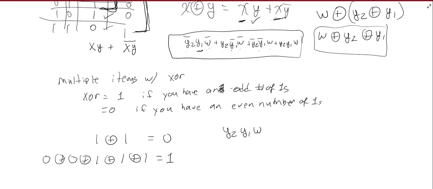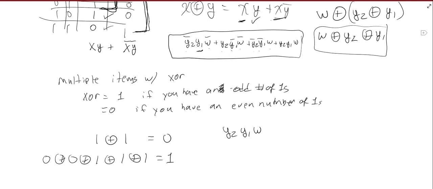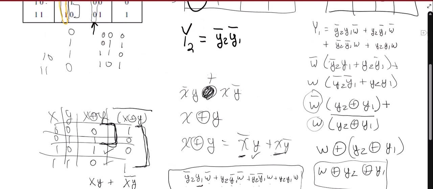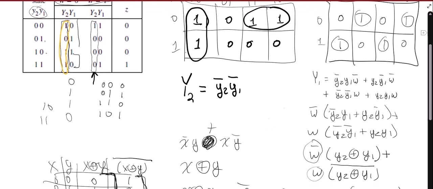Okay, so now let's draw our circuit. The functions that we just got were w exclusive OR y1 exclusive OR y2 for y1. And for y2, we got w bar y... Did I not finish writing it?